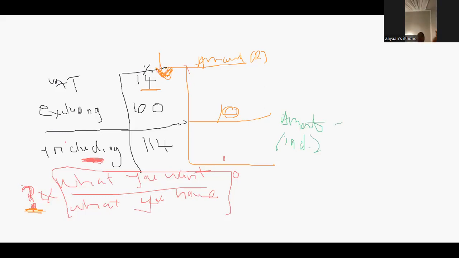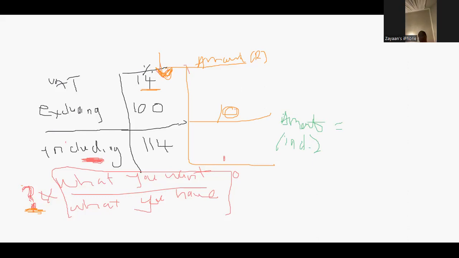But let's say we don't have the VAT, though we know it's 1,4. We have to get the amount including VAT.